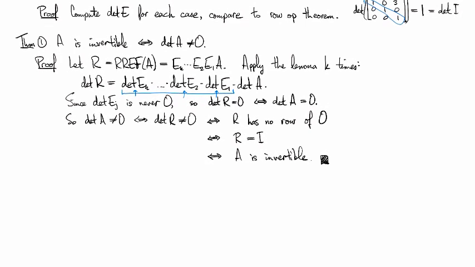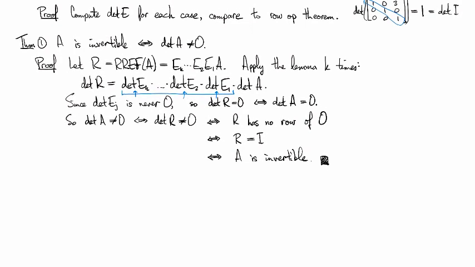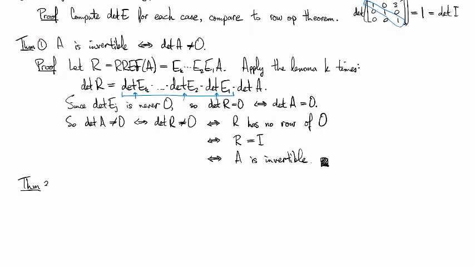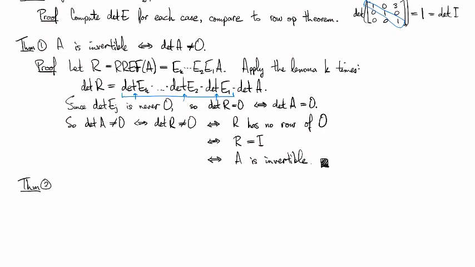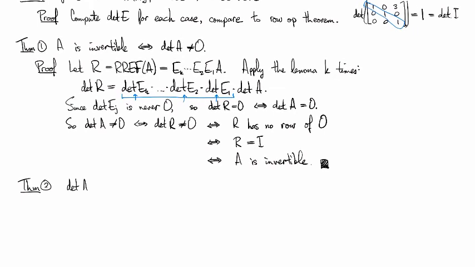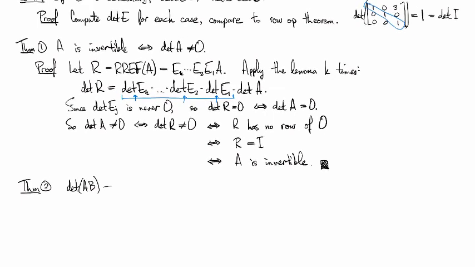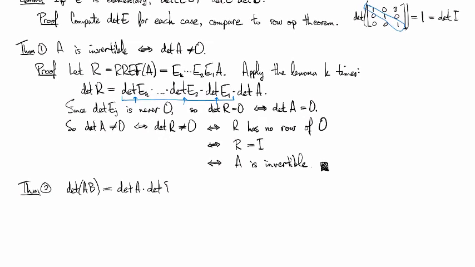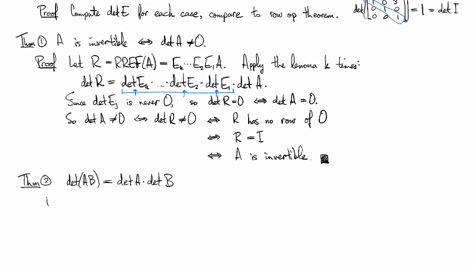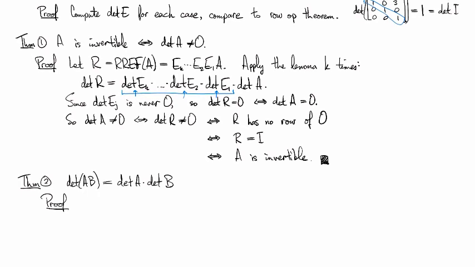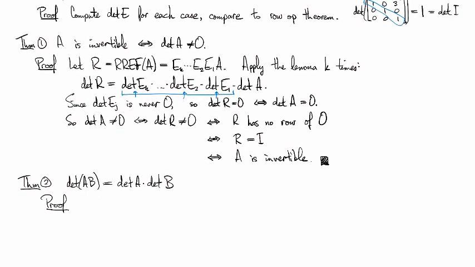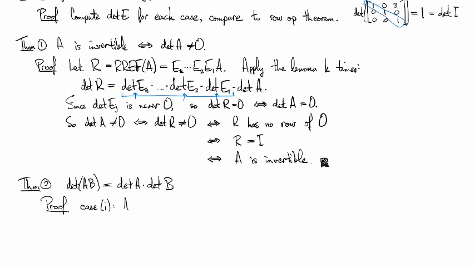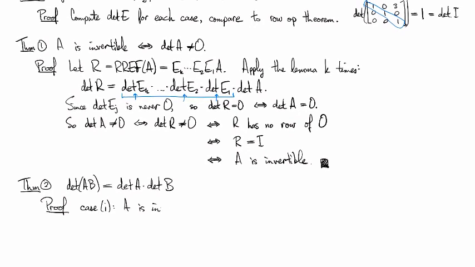Okay, then let's go to theorem 2. This says that the determinant of the product is equal to the product of the determinants. Let's do this by cases. In the first case, suppose A is invertible.